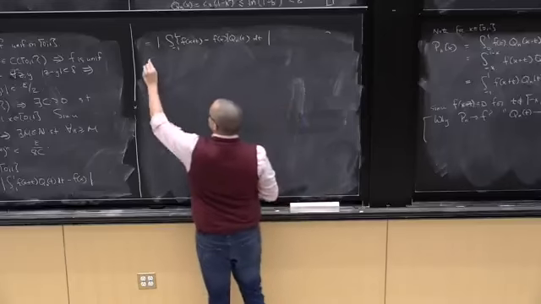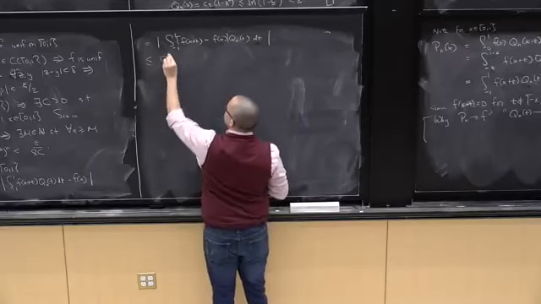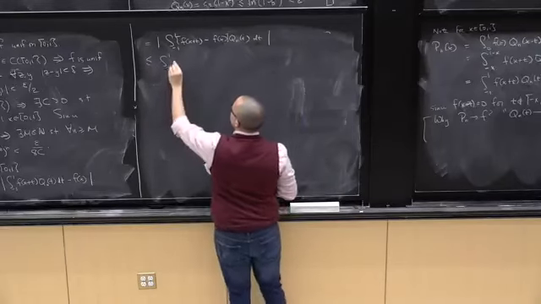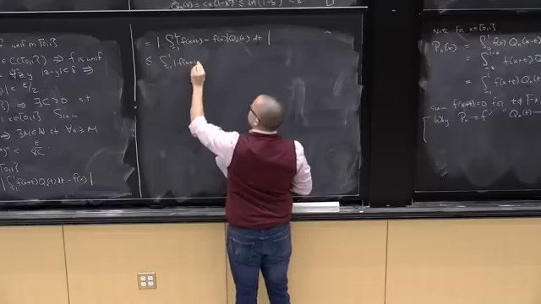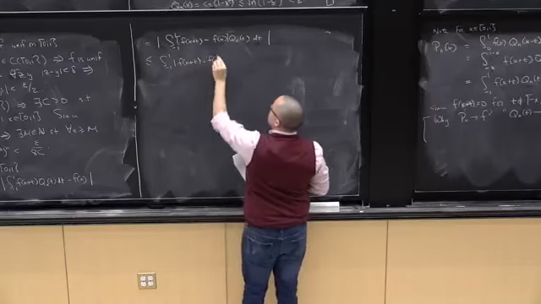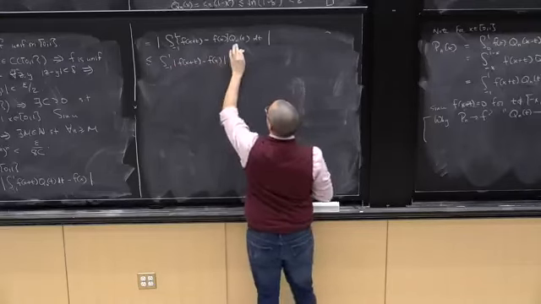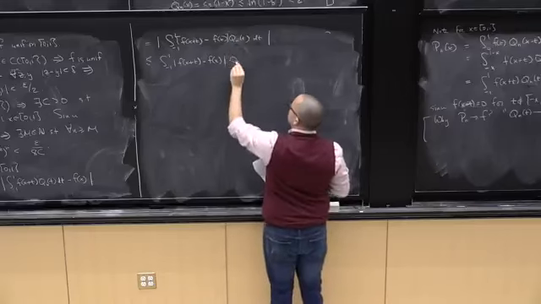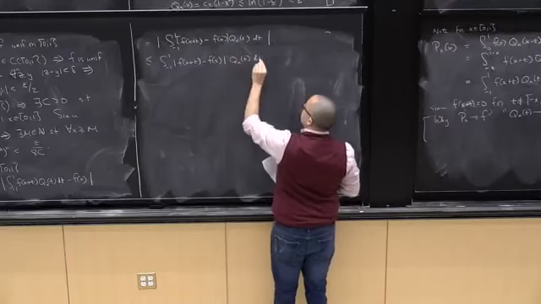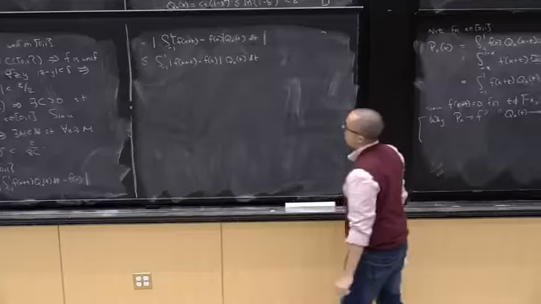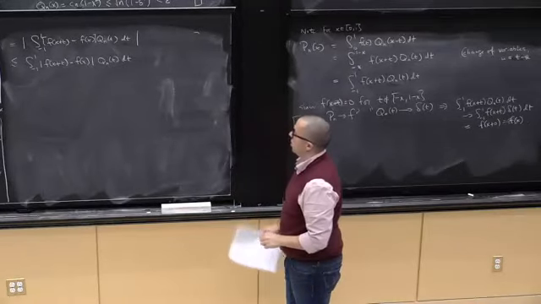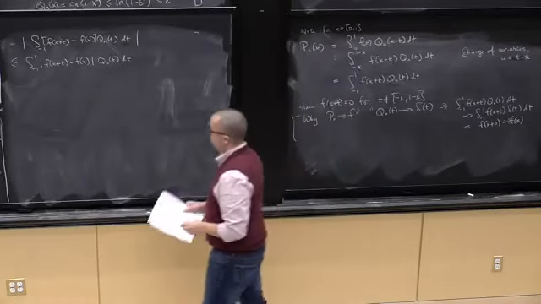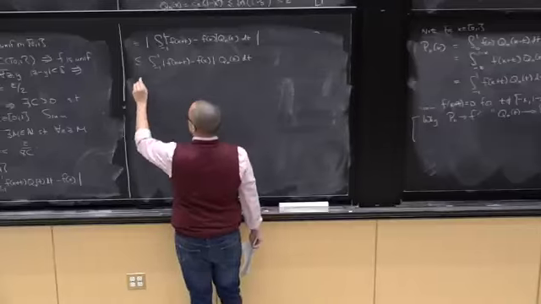Now, by the triangle inequality for integrals, this is less than or equal to the integral from -1 to 1 of the absolute value of f of x plus t minus f of x, times the absolute value of q_n of t. But since q_n of t is non-negative, that's just q_n of t. And now I'm going to split this integral up into two parts.